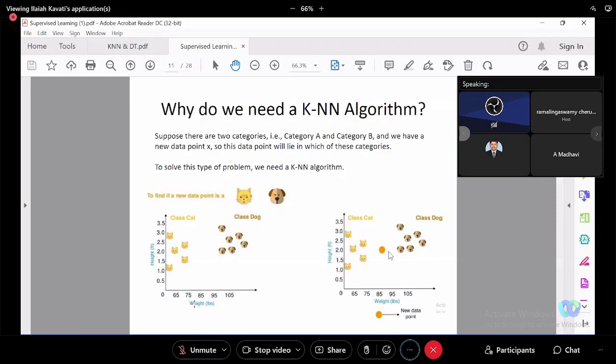Generally, cats will have less weight and less height compared to dogs. Dogs will have more weight and height is also a little bit higher compared to cats, right?